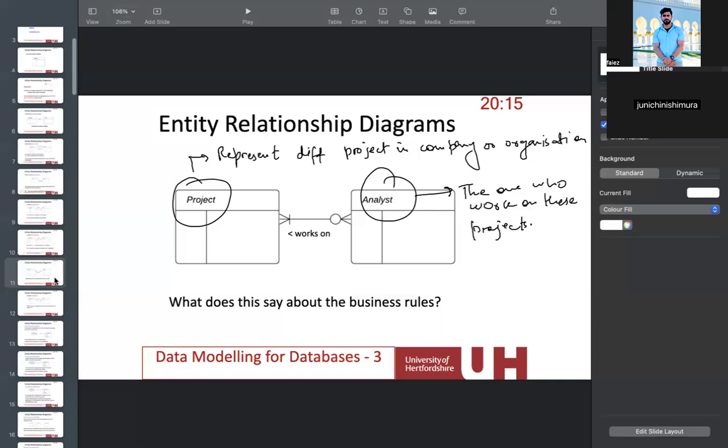Specifically, those vertical lines were indicating that the customer must be present for an order to exist, which means that you cannot place an order in a database that isn't tied to a valid customer. Here, you specifically have one line, and this shows you mandatory participation again, which shows that there should be an analyst present for at least one project. And in case there are multiple projects, or maybe just one project, multiple analysts can also be hired.